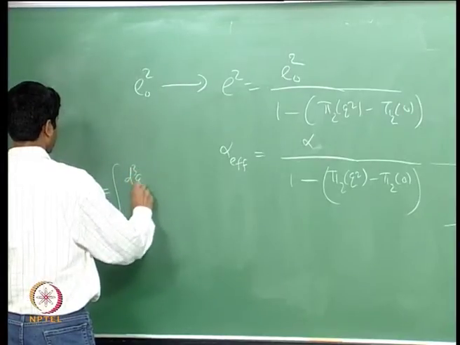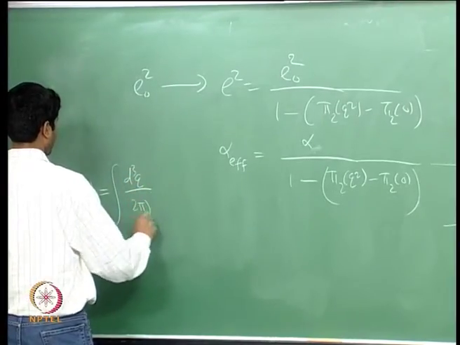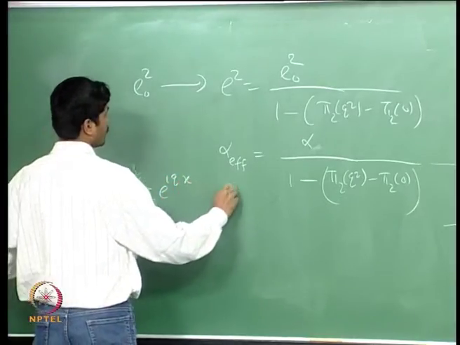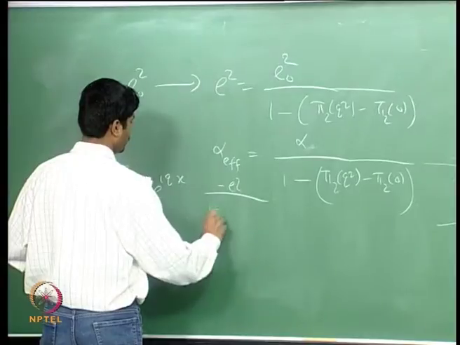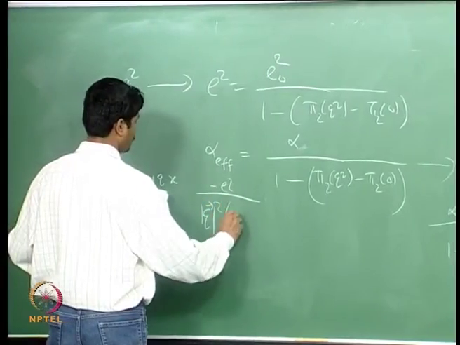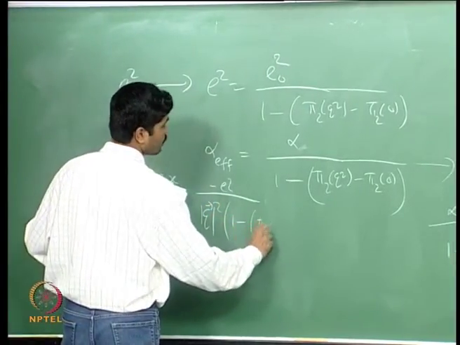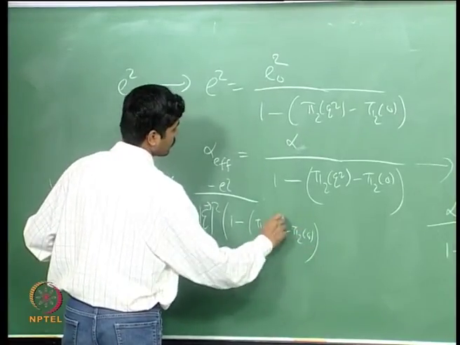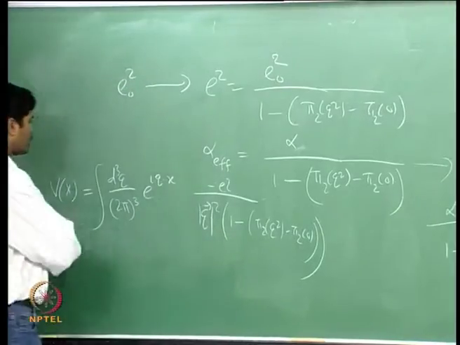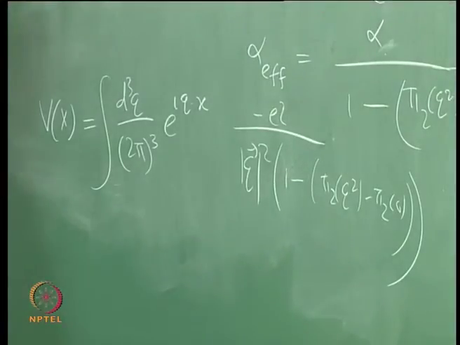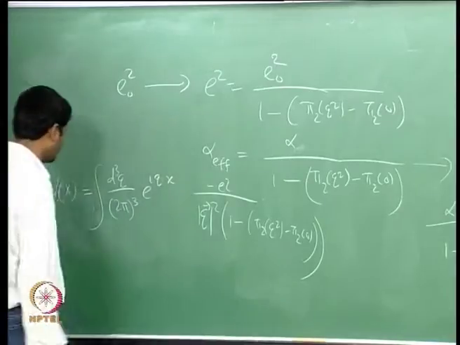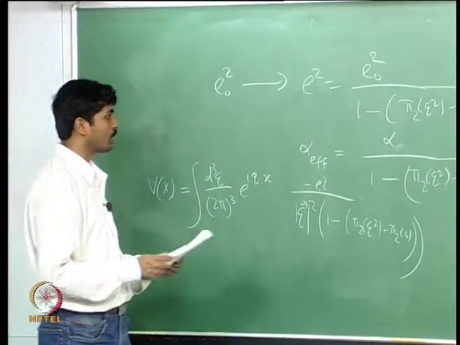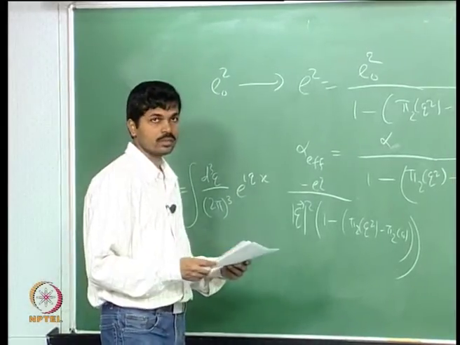So, this is the integral d q over 2 pi cubed, e to the power i q dot x, minus e square divided by q square times 1 minus pi 2 of q square minus pi 2 of 0. So, this is what is basically determining the effective potential up to one loop order. All right.